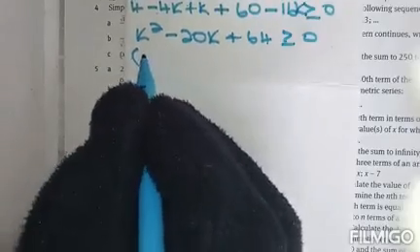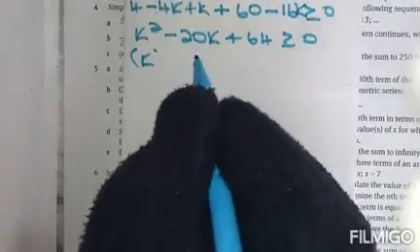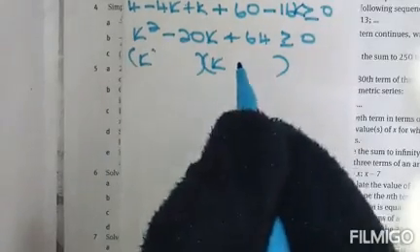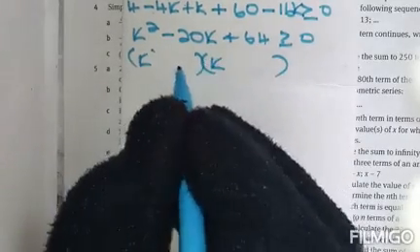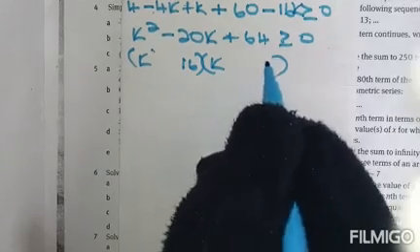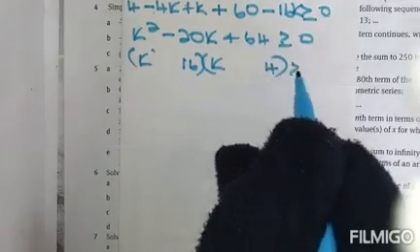Now factorizing this, we have k multiplied by k. The factors of 64 in this case are 16 and 4, all greater than or equal to 0.